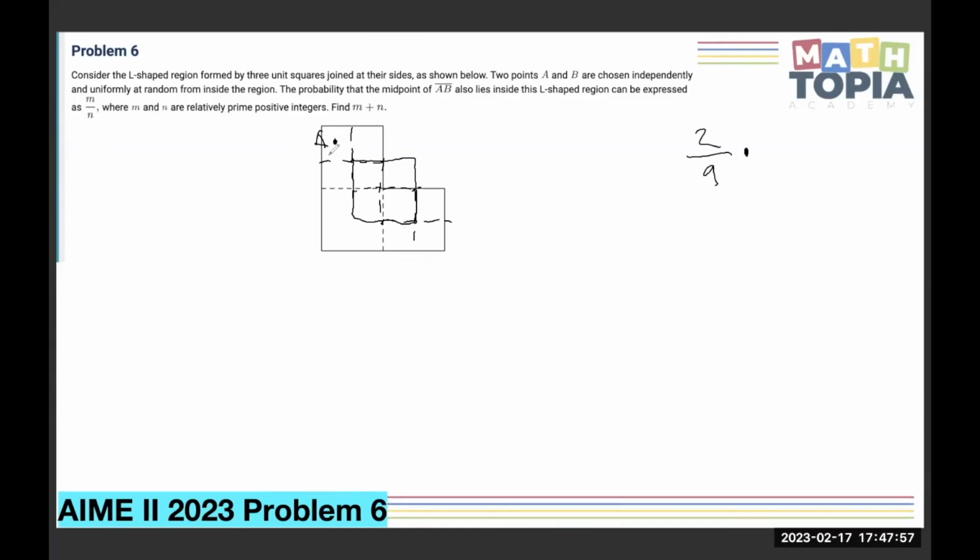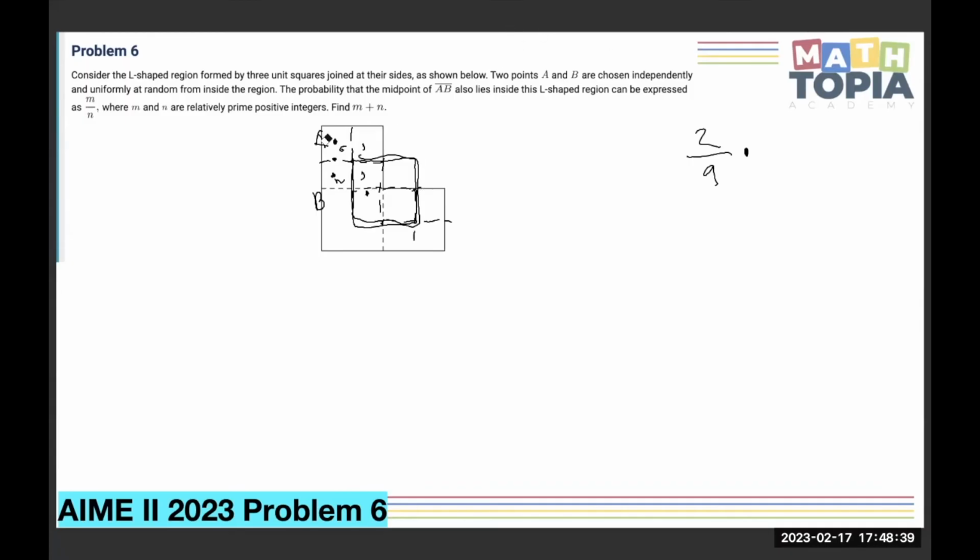Well, because of what we said before, we can imagine moving over B here and then just moving A and B around inside this square and then finding the midpoint wherever it is, and seeing where it lies. But of course, this midpoint is symmetric. The odds of it being in each of these 4 quadrants is a symmetric probability because A and B can be anywhere they want throughout the square with equal probability. So it's clearly the midpoint's going to lie in each of the quadrants with equal probability. But as we just said, this midpoint inside this square is the same relative position as what this midpoint is inside this square.